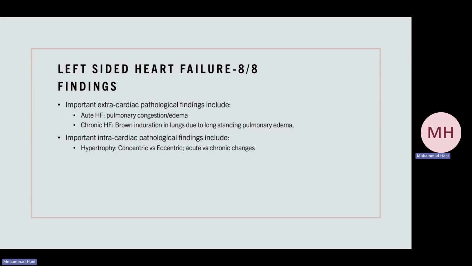Chronically, first, what happens is you get concentric hypertrophy. Concentric is generally the first change that happens. And when the heart cannot add any more cardiomyocytes in parallel, where it cannot do any more concentric hypertrophy, it then switches to eccentric hypertrophy. And eccentric hypertrophy is generally one of the end changes that occur in the heart.